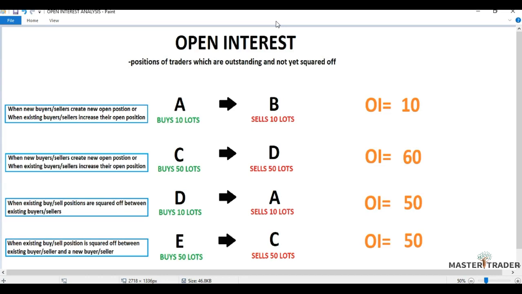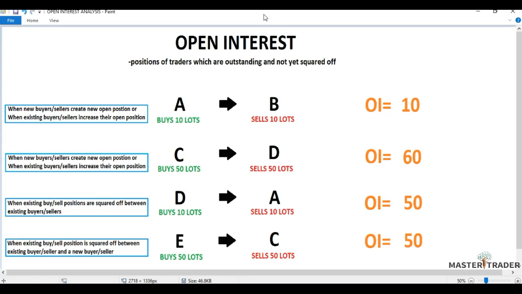Let's say somebody has bought one lot or one contract of Reliance futures. That is the interest that is open in the market. That buyer is showing interest in the stock to go up. Simultaneously, if somebody has bought, then somebody must have sold to him.